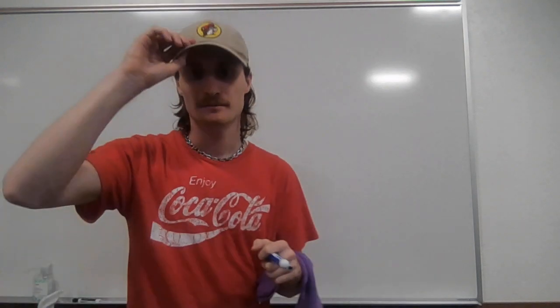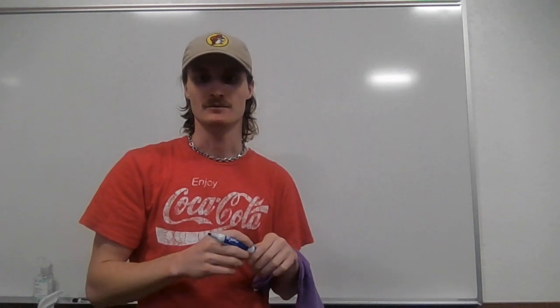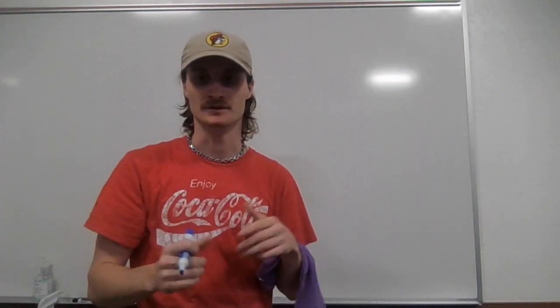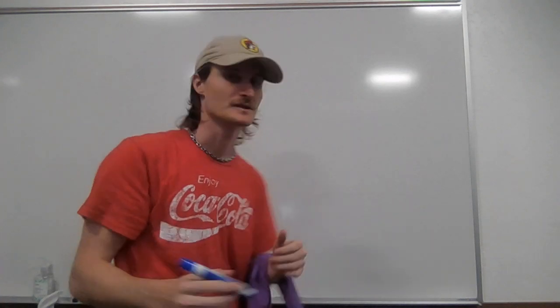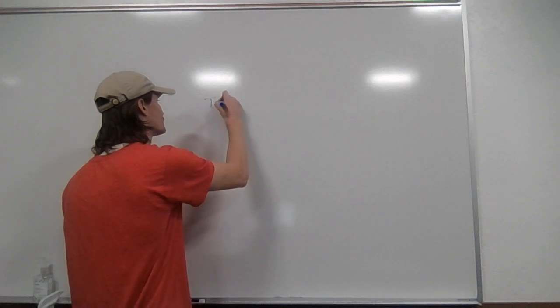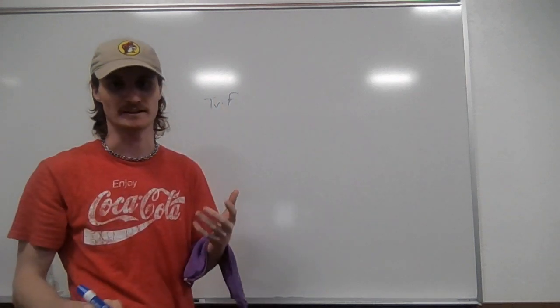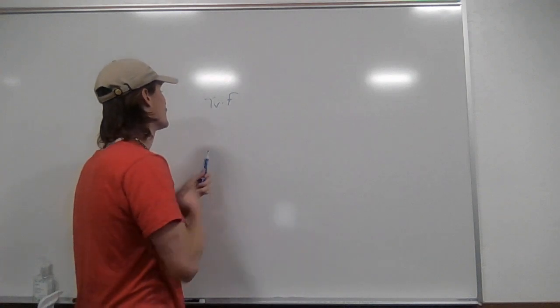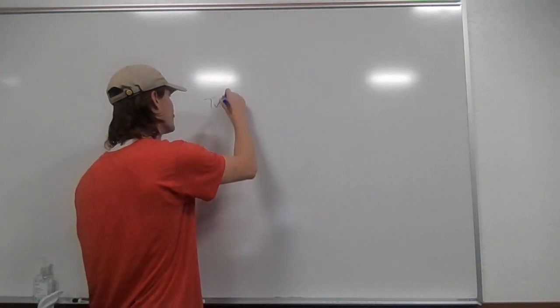So pulmonary ventilation, which is also referred to as our minute ventilation, is just going to be tidal volume times our breaths, or I guess our respiratory rate. So how many breaths we take a minute would be a better way to say it.